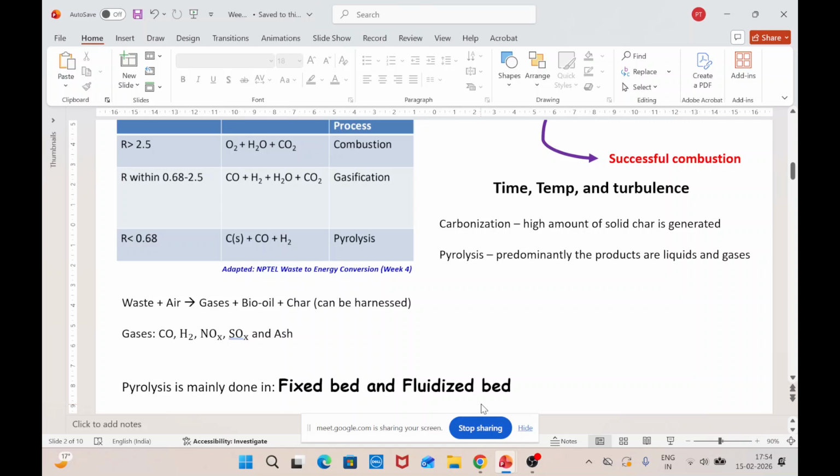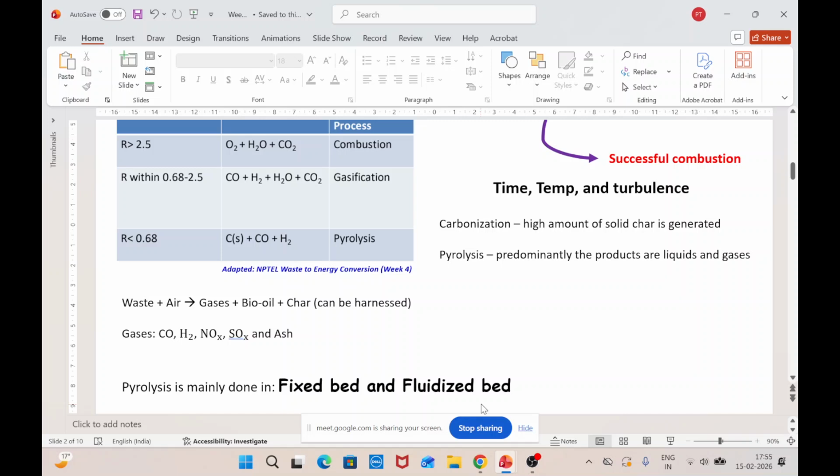The reason I told you this is that when you improve the energy density of the material, the amount of material required to produce the same amount of energy decreases. Which means the transportation cost, and the time required to transport the material from its source to the plant where the pyrolysis process or any kind of combustion process is done, will be reduced.